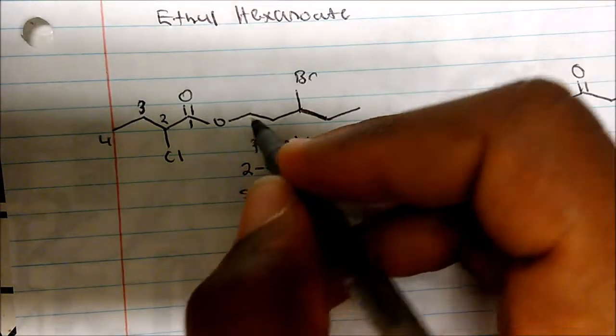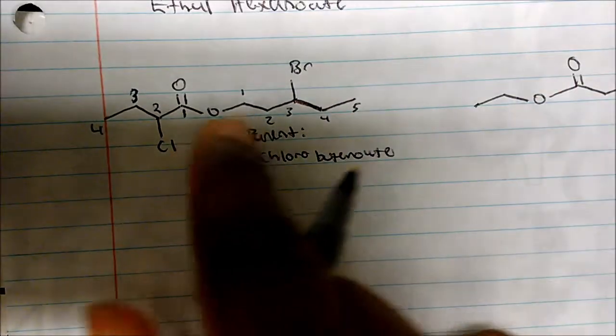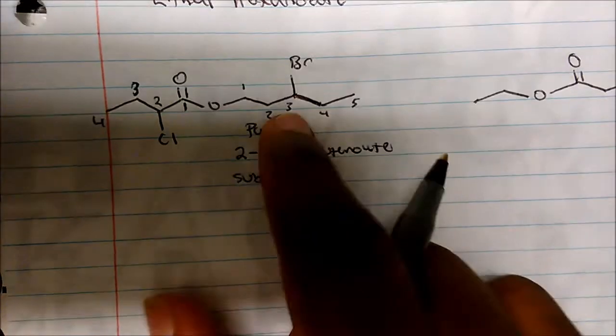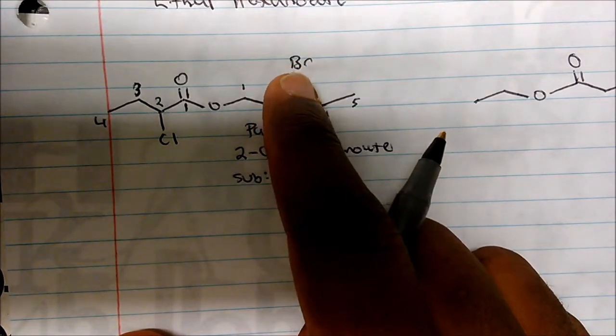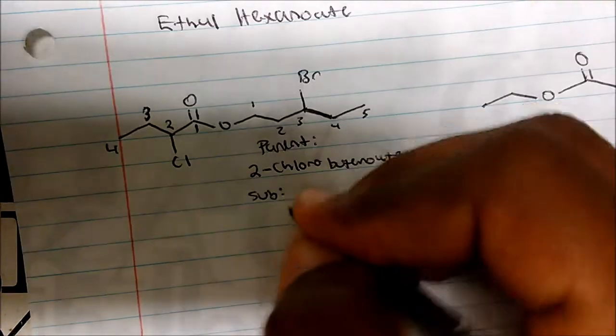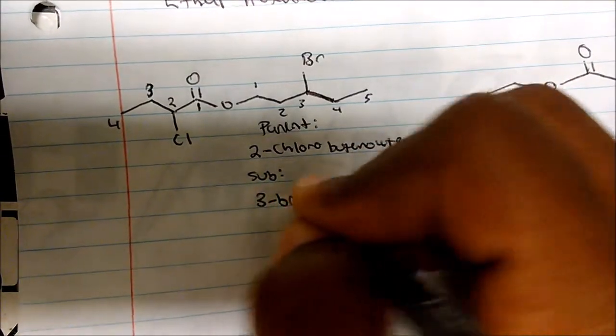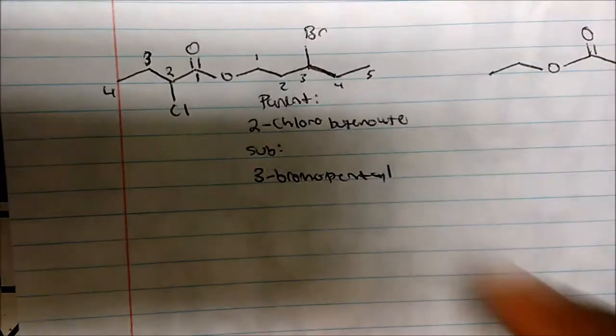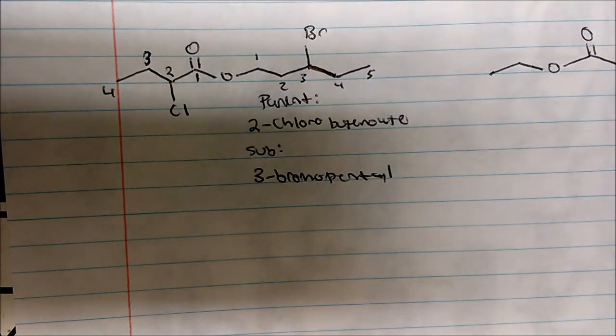Now, as a substituent, what do I see? I have carbons 1, 2, 3, 4, 5. So we have a 5-membered branch, which we'll call pentyl. And on carbon 3 we have a bromine. So the substituent will be 3-bromopentyl. How do we put it together? We simply put the substituent and then the parent.